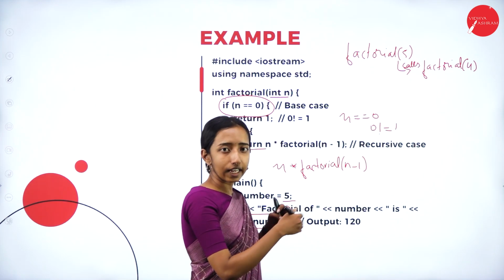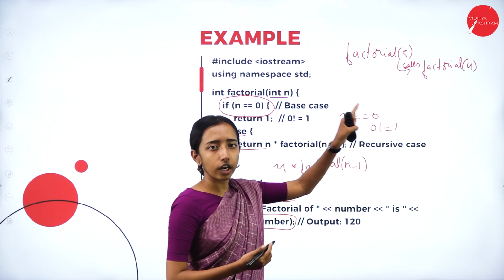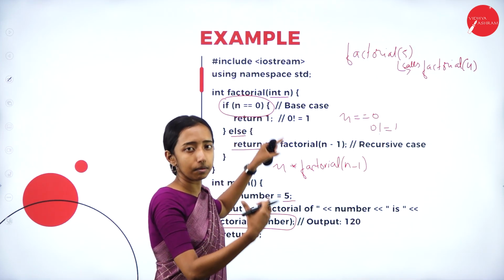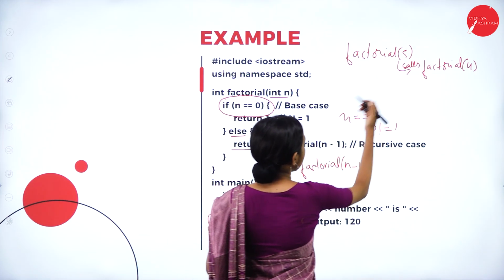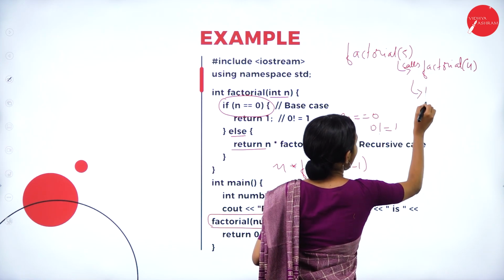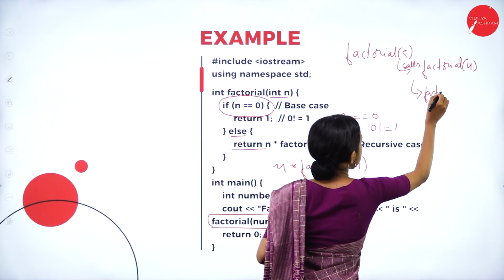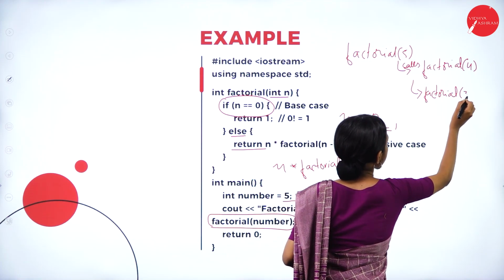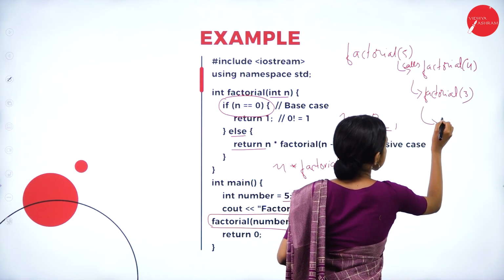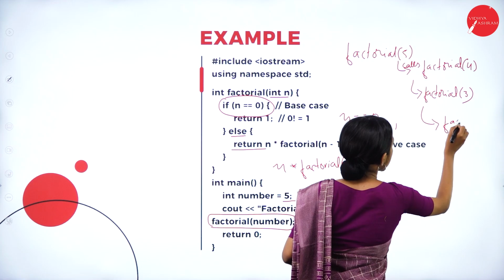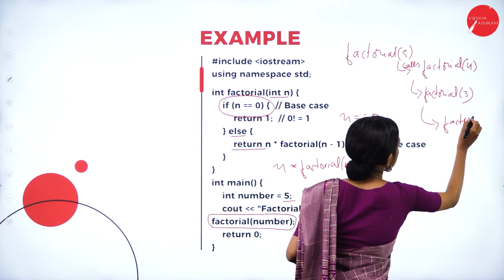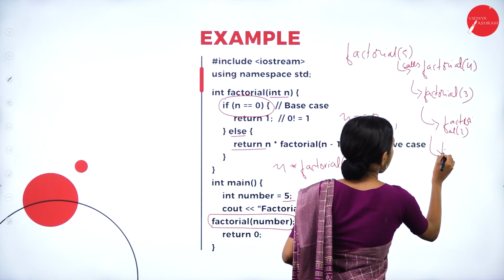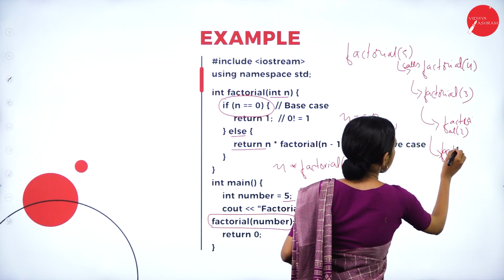As recursion means repeating, next again it will call factorial of 3. The 4 will call the factorial of 3. Next, the same way, factorial of 2 and factorial of 1.